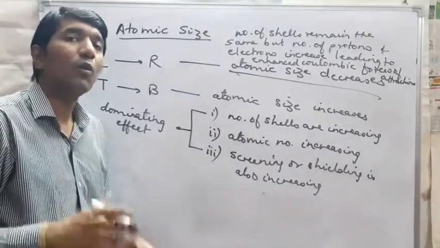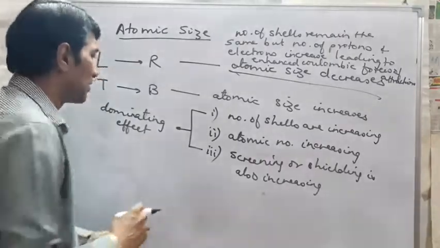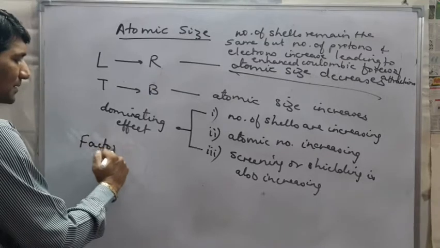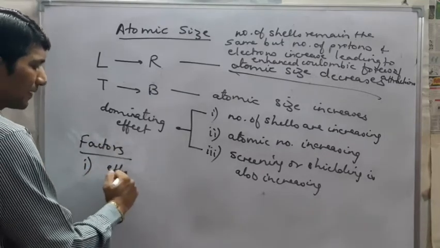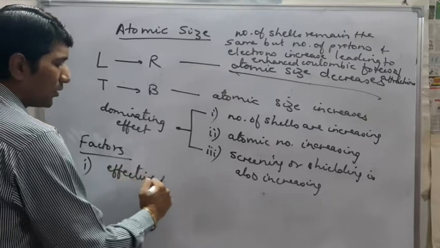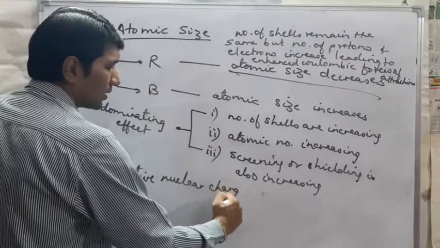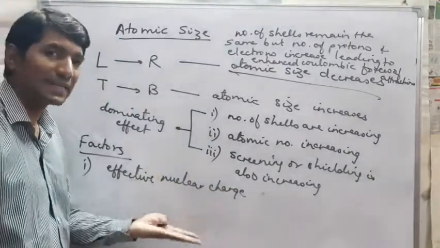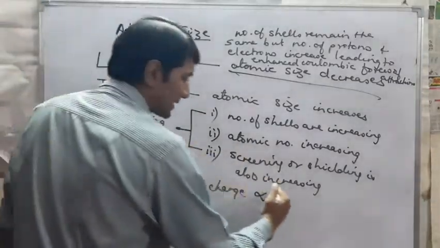Now, on what all factors does this atomic size depend? The first thing is effective nuclear charge. If it increases, then the atomic size will decrease.